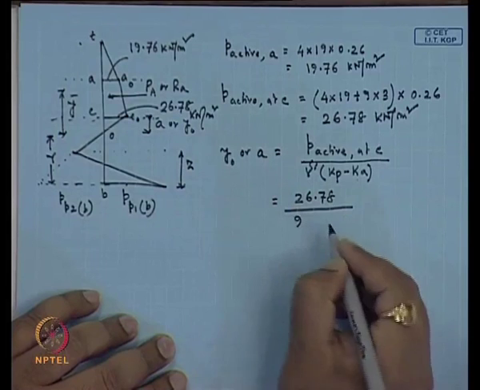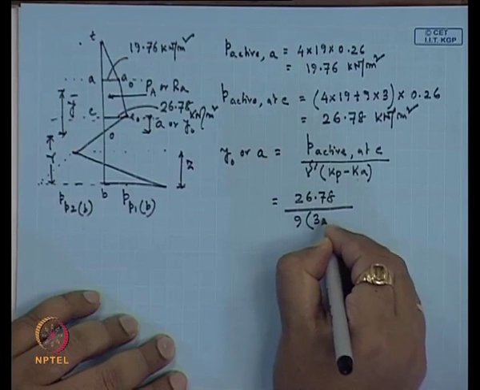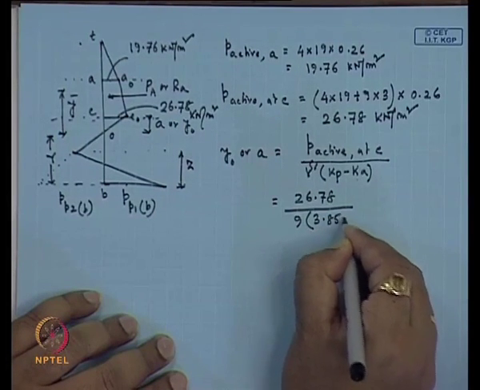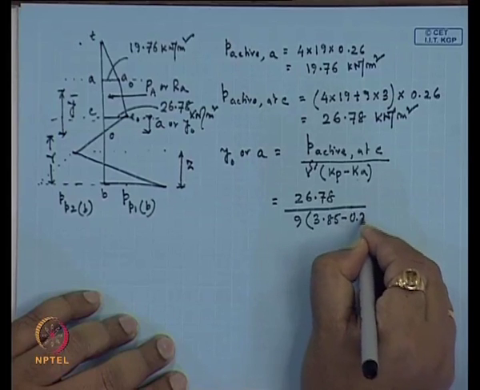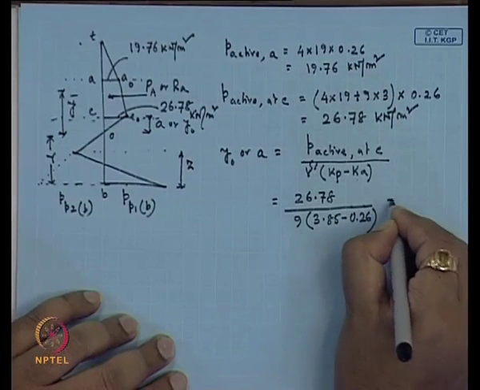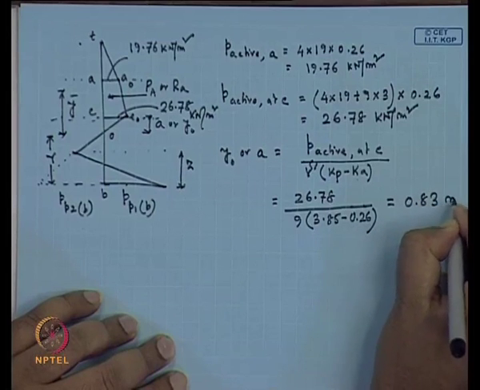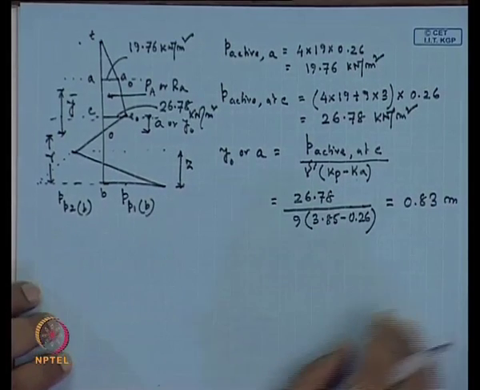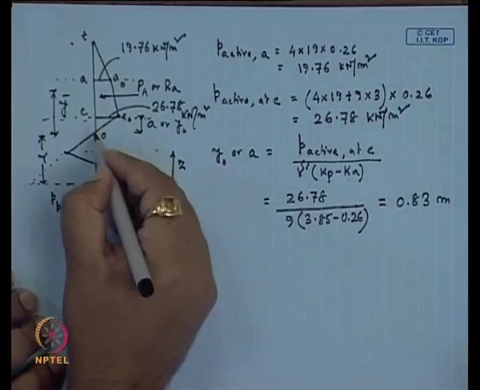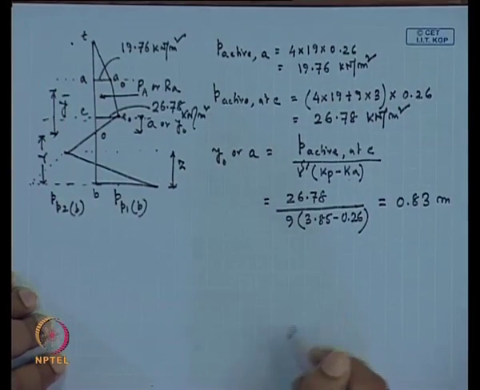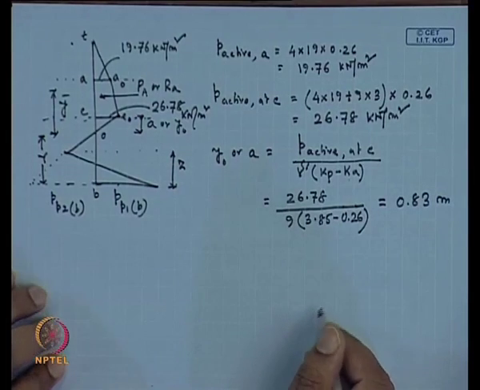So, that is gamma into K P minus K A, 3.85 minus 0.26. So, this A value is coming out to be 0.83 meter. So, the O point is 0.83 meter below the dredge level.